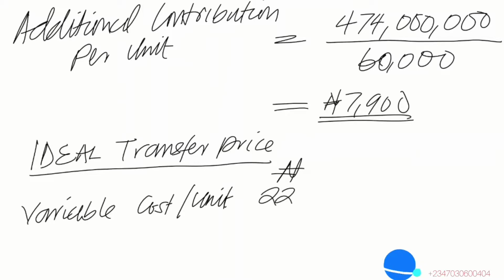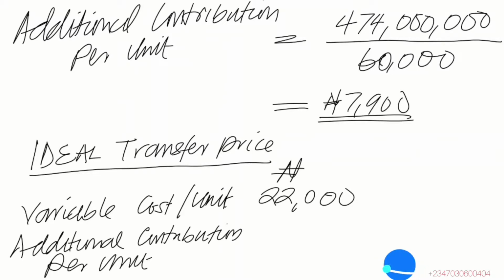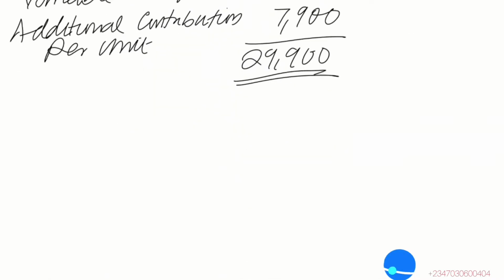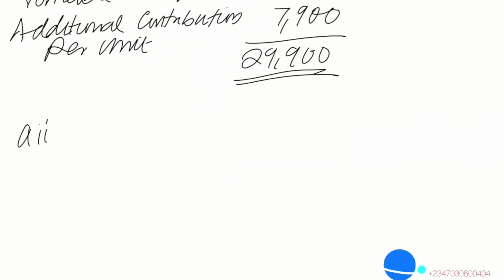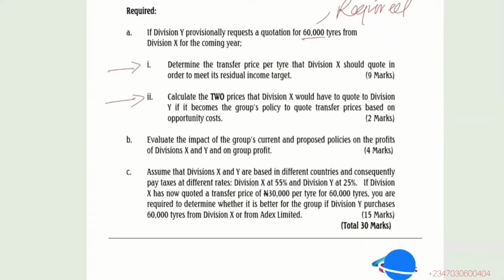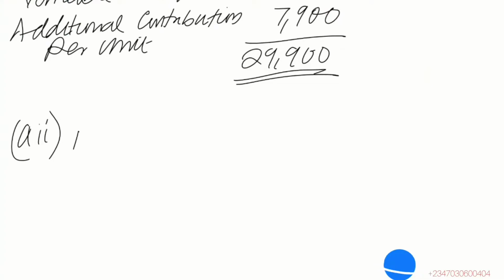So the ideal transfer price to Division Y will be the variable cost of 22,000, and then the additional contribution of 7,900. Now, that will give us a total of 29,900 naira. That is the ideal transfer price from Division X to Division Y.